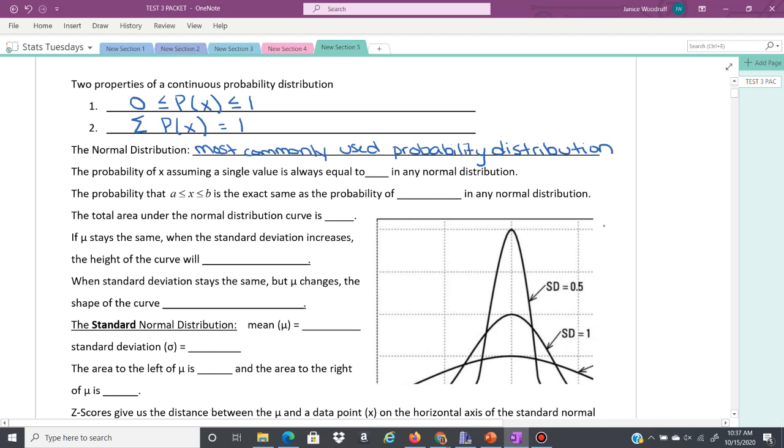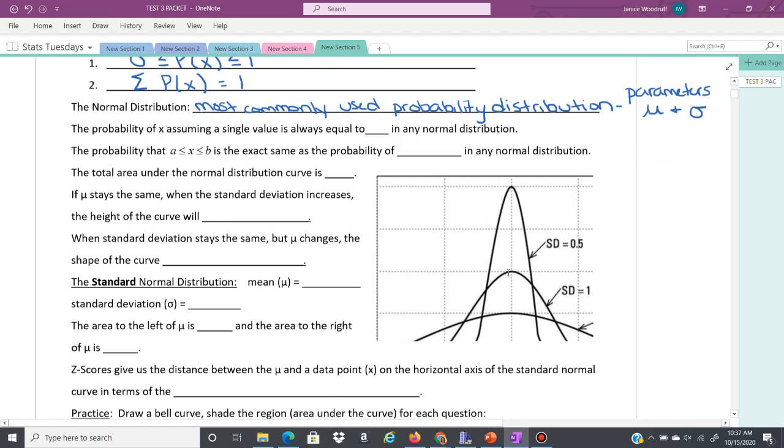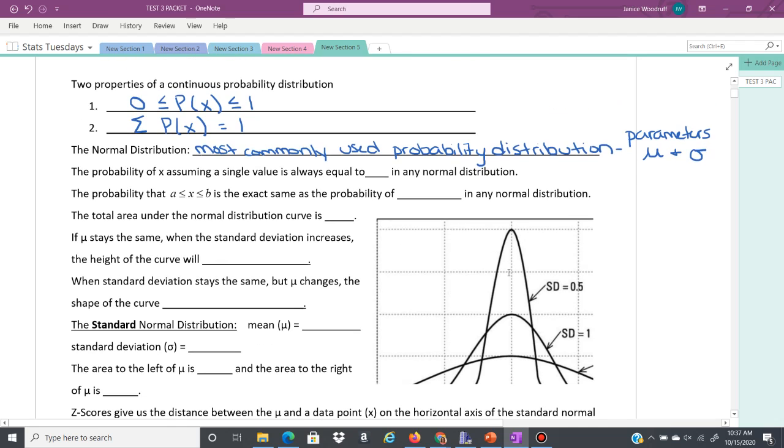Okay, for a normal distribution, your parameters are mean and standard deviation. And if you recall, with normal distribution, the mean and the median and the mode are going to be assumed to be equal to each other.